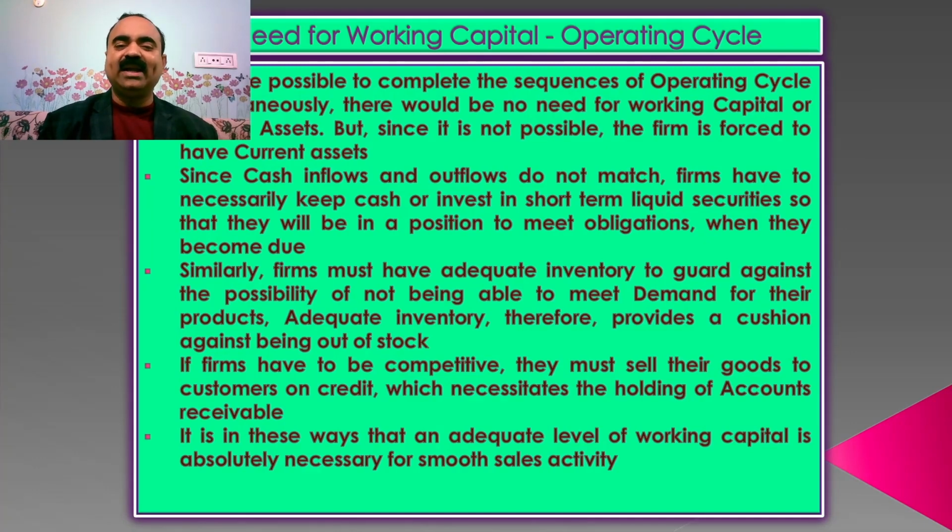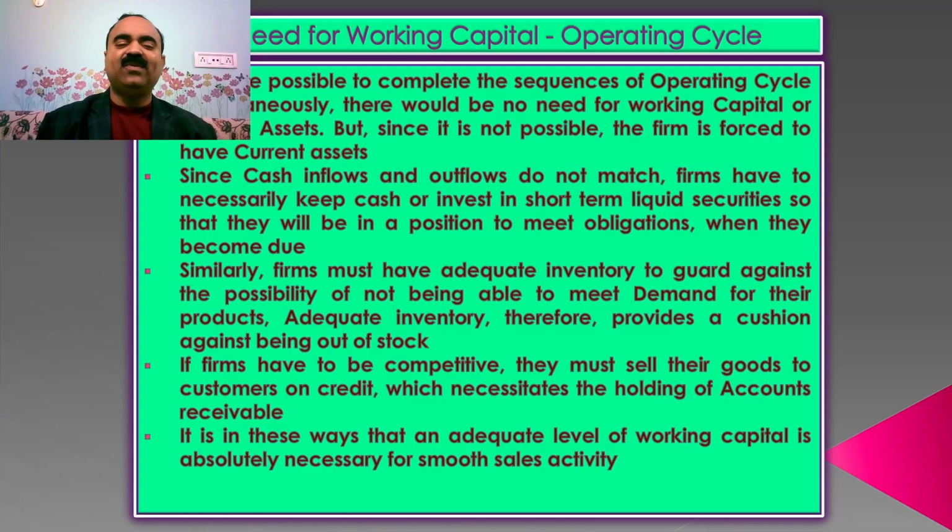Need for working capital and operating cycle. If it were possible to complete the sequences of operating cycle instantaneously, there would be no need for working capital or current assets. But since it is not possible, the firm is forced to have current assets.